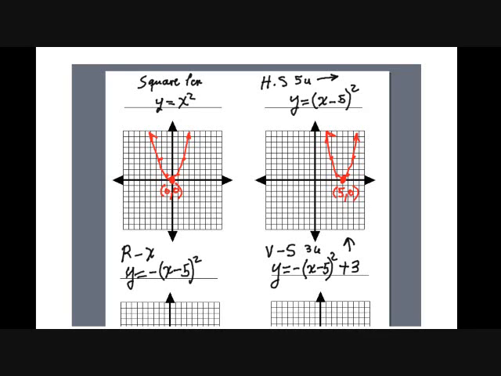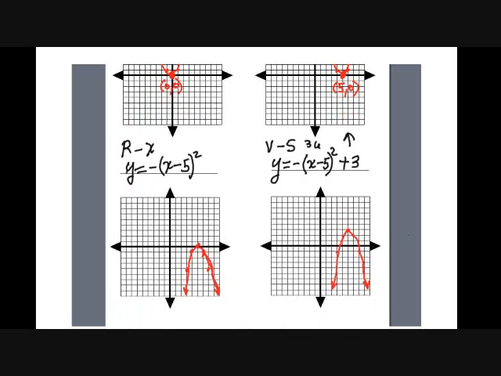When you are doing the reflection, it doesn't change the vertex. The vertex stays the same. The reflection only changes the direction in which the parabola opens, in this case open down. And finally the vertex here is the point 5, 3.